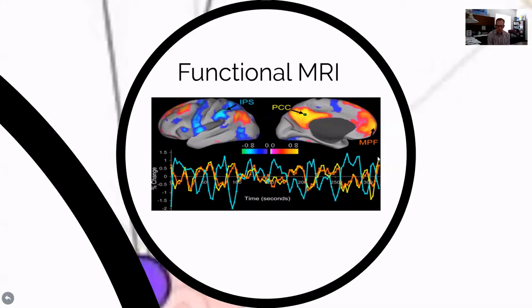Okay, so in the lines you see on the bottom, you can see how the paths go up and down, and to the degree they're correlated at any one given point in time, we say that they are connected functionally. That does not necessarily mean that they're connected structurally or that they are causing each other in any way. Remember, this is functional connectivity, not structural connectivity.